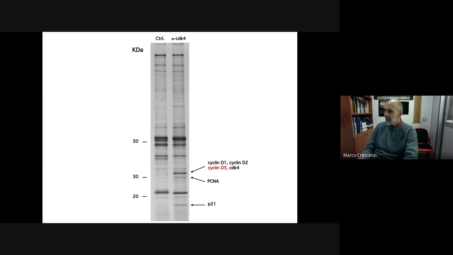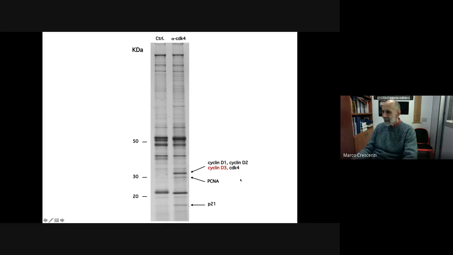Now, we had overexpressed cyclin D1, not D3. So cyclin D3 must have come from the cells. And so this precipitation here suggested that cyclin D3 CDK4 complexes might be responsible for the reactivation of the myotubes.